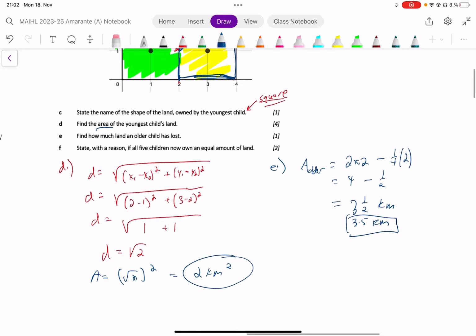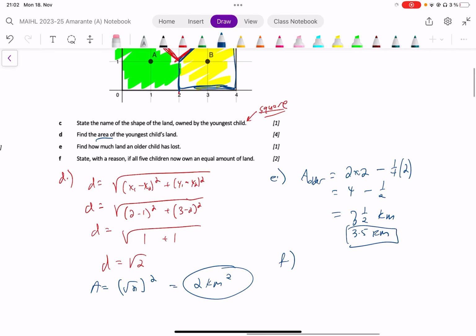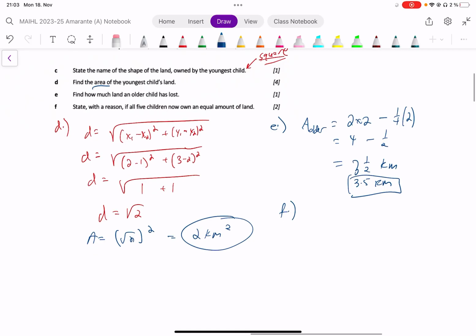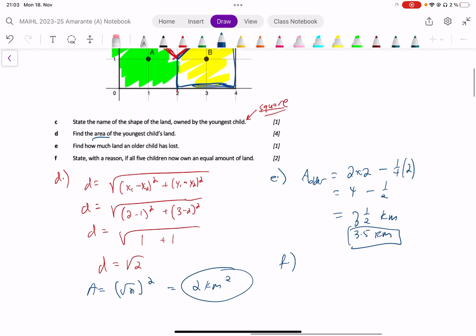That's 3.5 square kilometers. And then F says state with a reason if all 5 children now have an equal amount of land. Well, no, because we can clearly see that the youngest child has less. So it's basically asking you to state, let's double check what they want for these marks. Yeah, I guess you could show something.